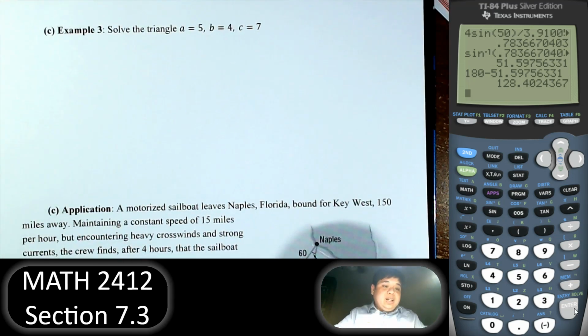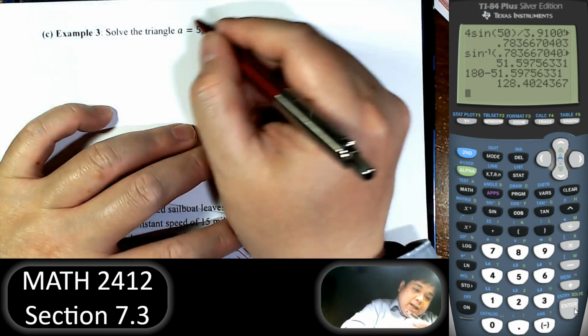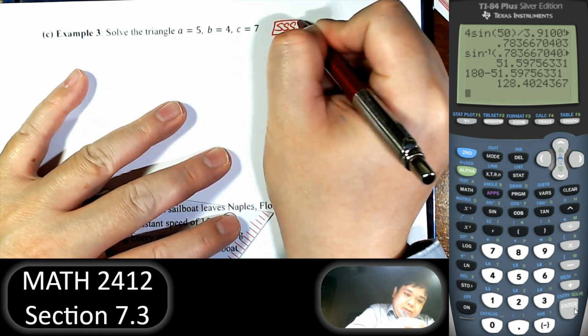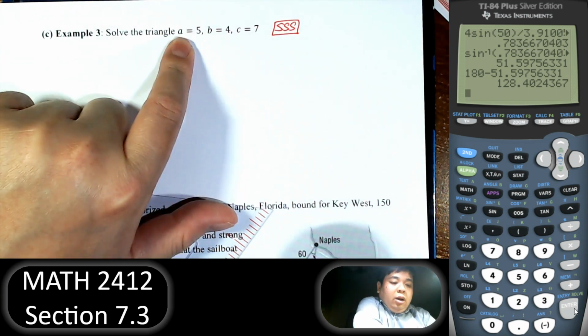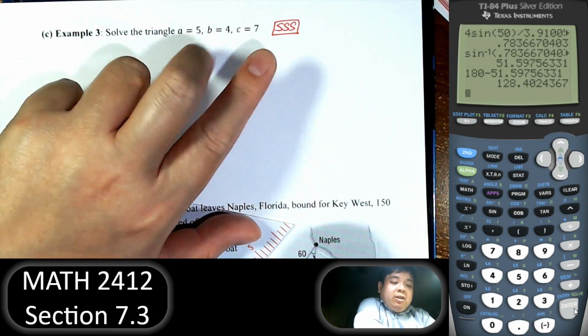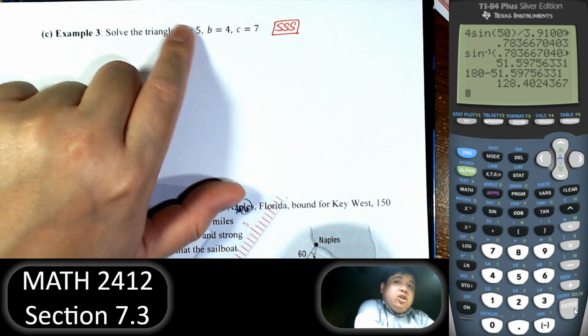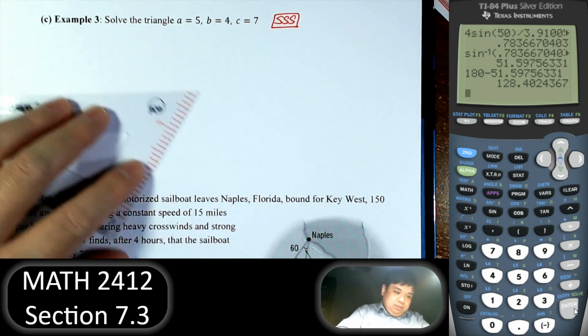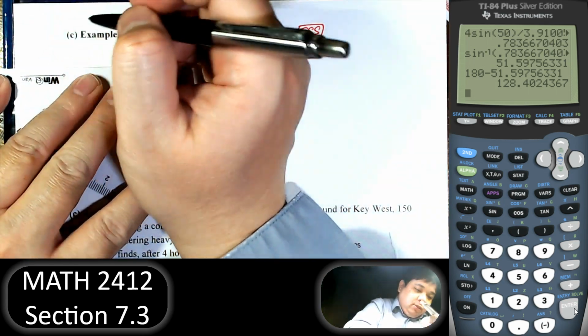Right, now in this case also side, side, side, and we can check: 5 plus 4 greater than 7. Pretty much we take two of them, add together, and it is bigger than the other one. So this should be a solution here.